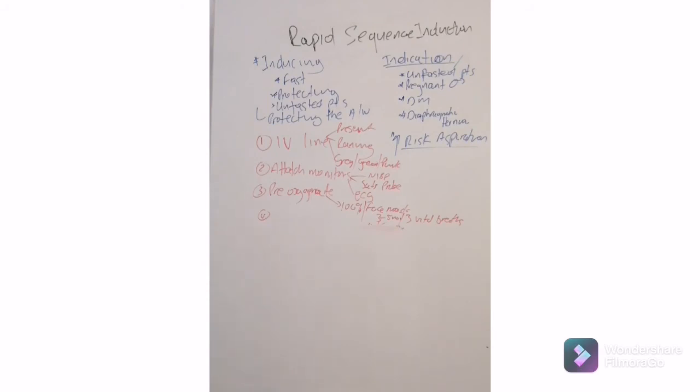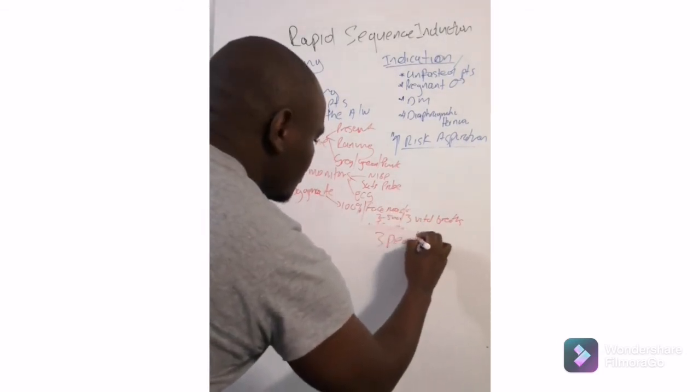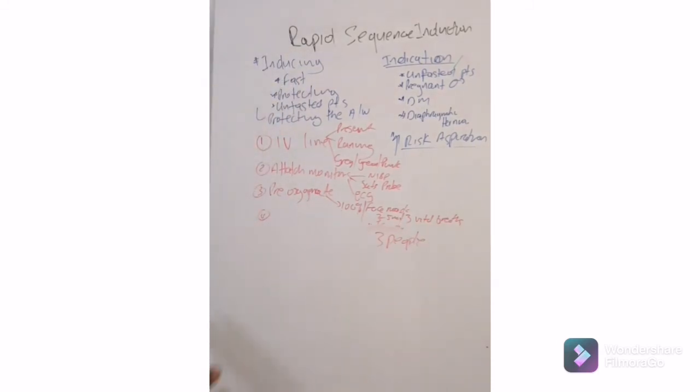So when you are happy and your senior is happy with pre-oxygenation, the first drug that the doctor is going to give. So when you do this, you need about 3 people, especially if you are not experienced. For people who are experienced, 2 is enough.